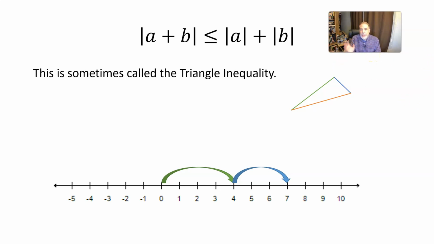But if I take a step in one direction and then take a second step in the opposite direction, the distance that I am from my starting point is less than the length of the first step plus the length of the second step. So either way, it's less than or equal to the length of the first step plus the length of the second step. So we are going to be using this fact in something that's coming up.